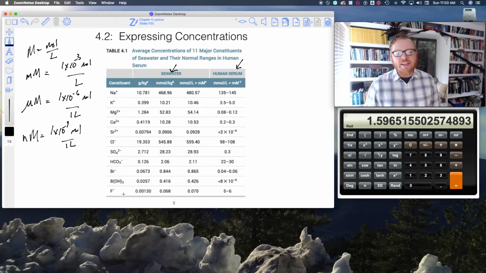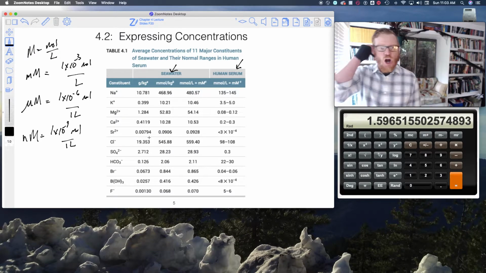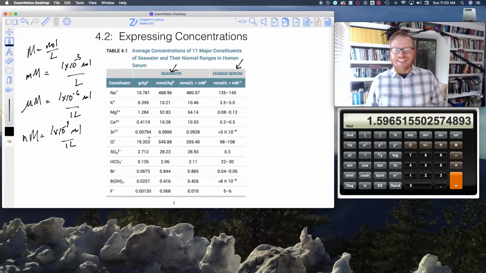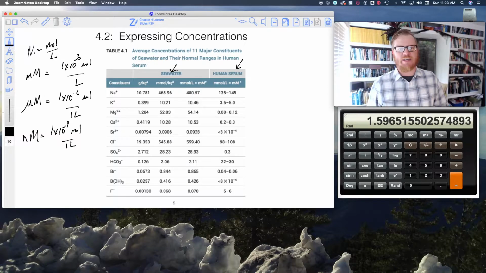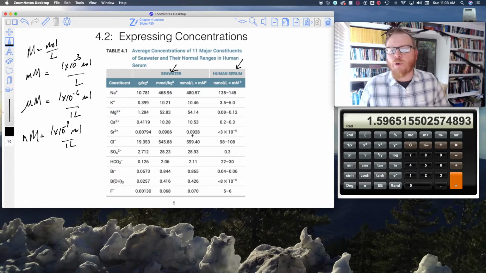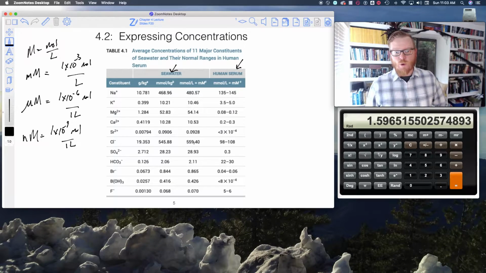But now when you look at things like fluoride or even strontium, look, the concentrations are tiny. Teeny, teeny, tiny. Even for the strontium, look, this is being expressed in millimolar, okay? And it's still like 0.0928 millimolar, so maybe using micromolar would be best.